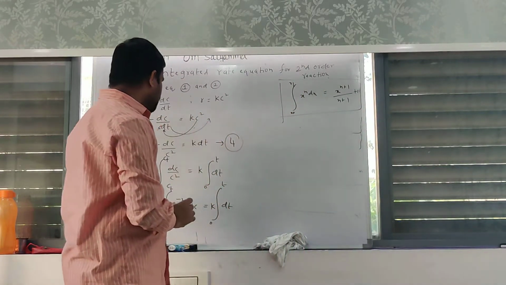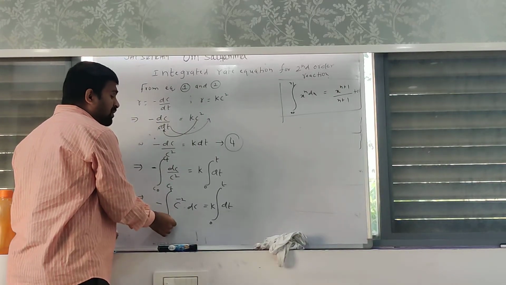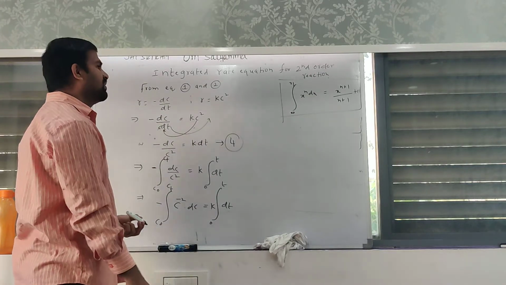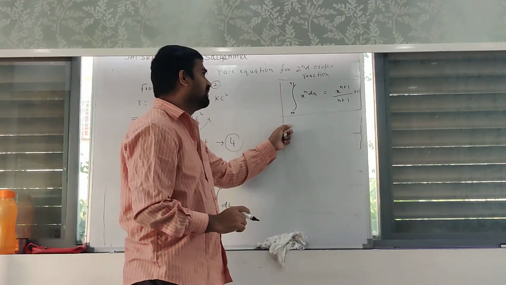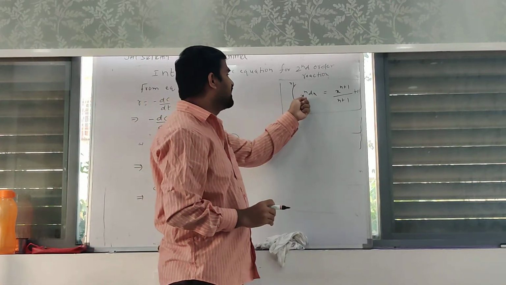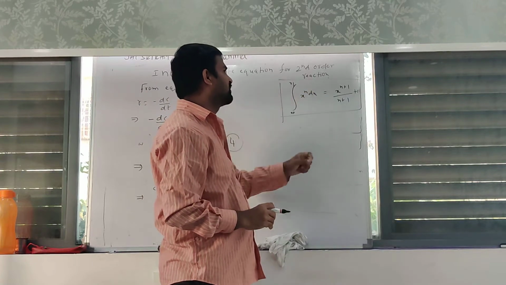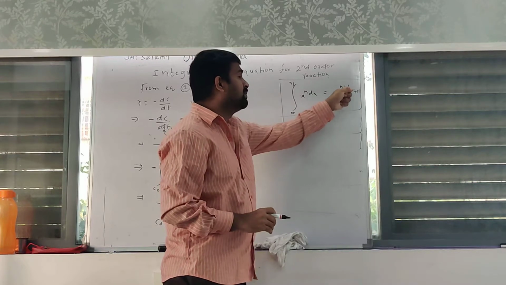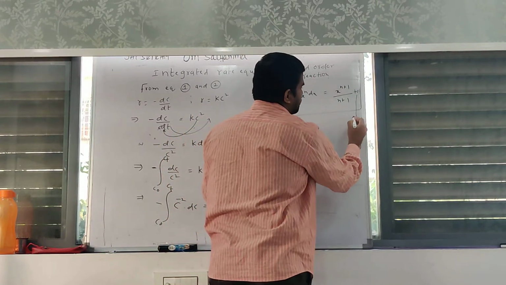This integration formula is the general formula for this equation. The general formula: integration of x power n dx is equal to x power n plus 1 by n plus 1 plus c. C is a constant.